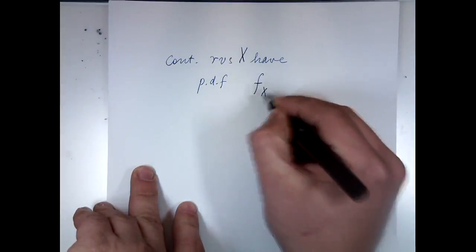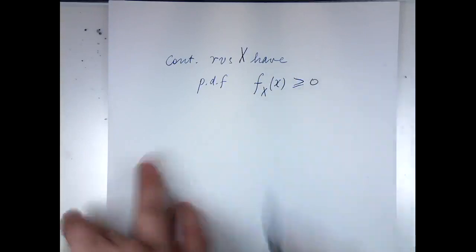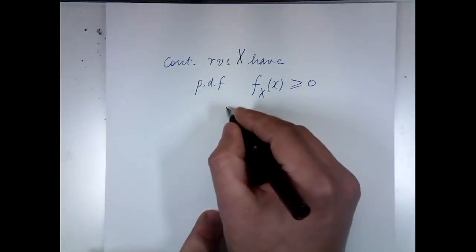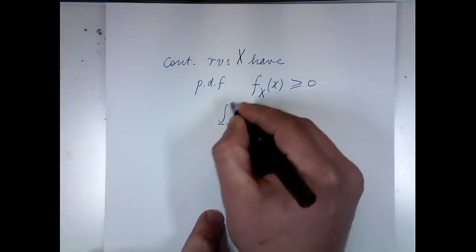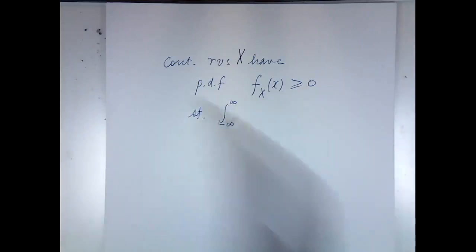I generally use f subscript X of x. Constraints on that: it's greater than or equal to 0 everywhere, and the integral over all possible values, I write minus infinity to infinity. If it's a restricted range, then you just imagine it being 0 off that range.